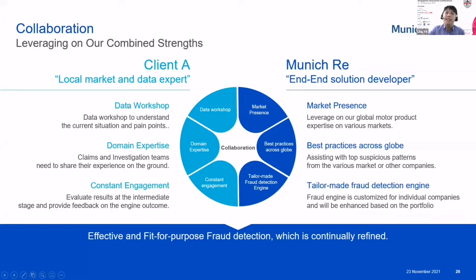But what we need is local engagement with the local companies. We will conduct data workshops and work with the claims and investigation teams to share their experience on the ground, and have constant engagement with them to receive feedback from time to time, so that we are offering a fit-for-purpose detection that can be continually refined.